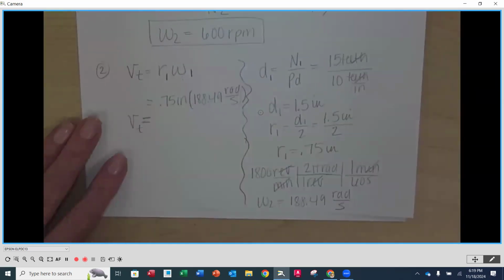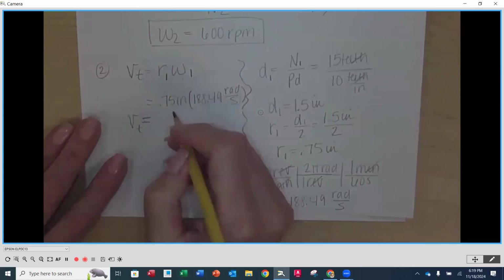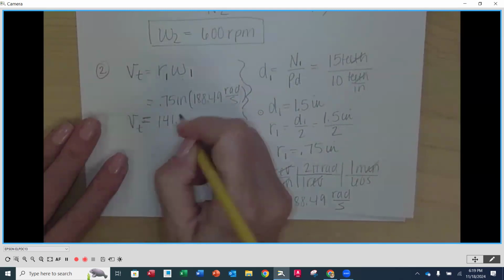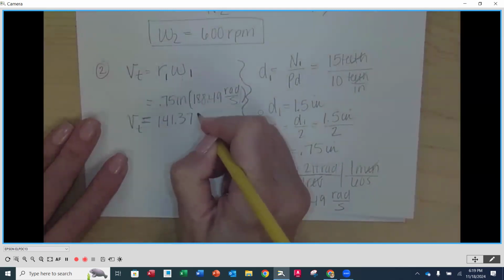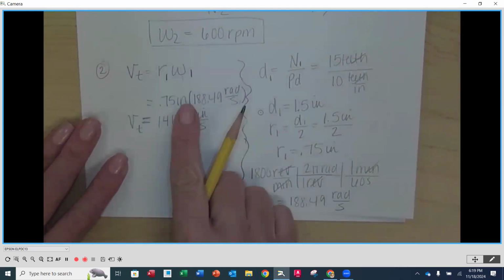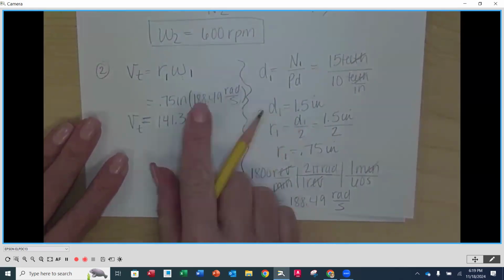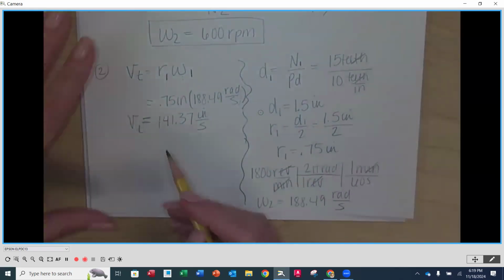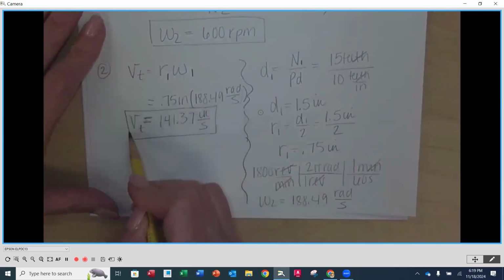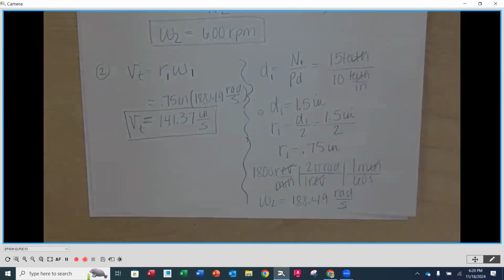What do we get for our pitch line speed? 141.37 inches per second, because it's inches times radians per second. Radians magically disappear. There it is. William, thank you. Yes, very close. You probably had a little bit of rounding in one of those couple areas. Awesome.